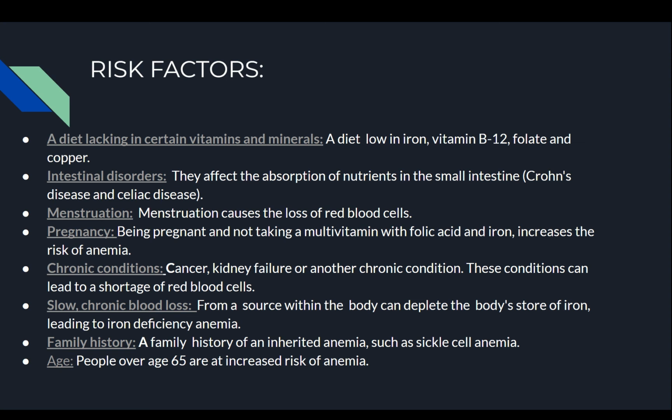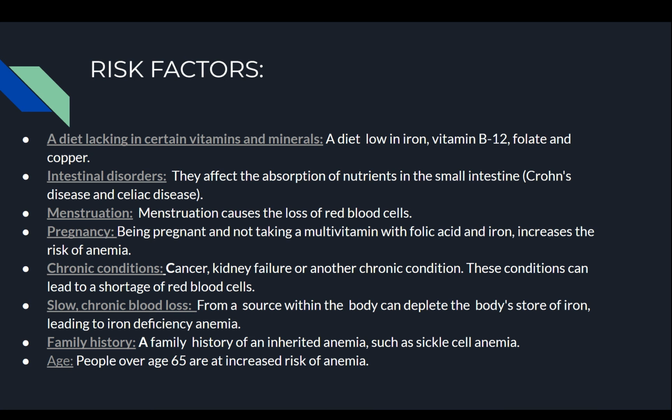Anemia risk factors include a diet lacking in certain vitamins and minerals, such as a diet low in iron, vitamin B12, folate, and copper. Another risk factor is intestinal disorders. They affect the absorption of nutrients in the small intestines.